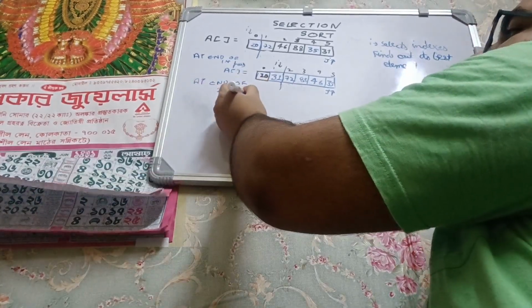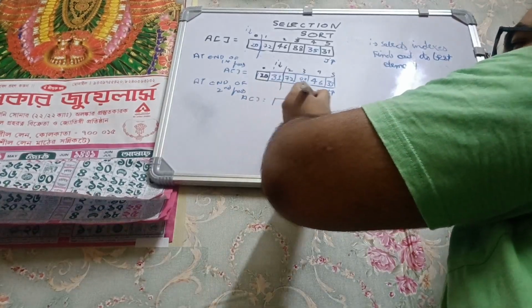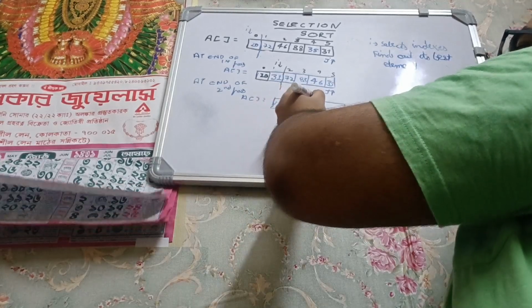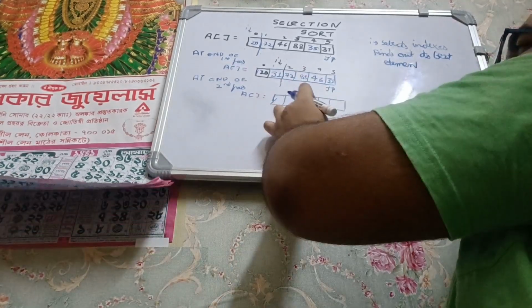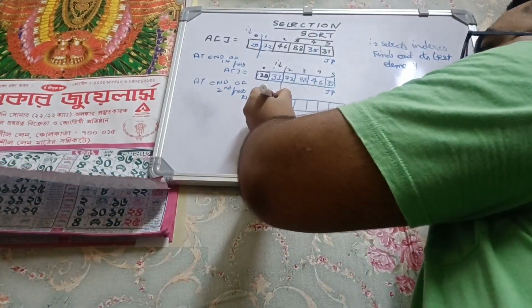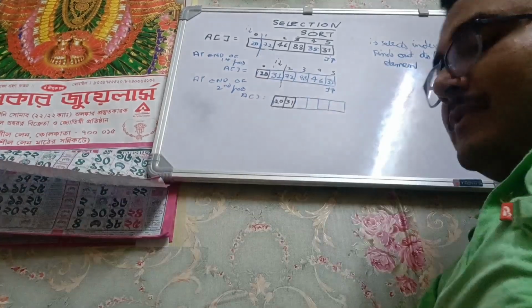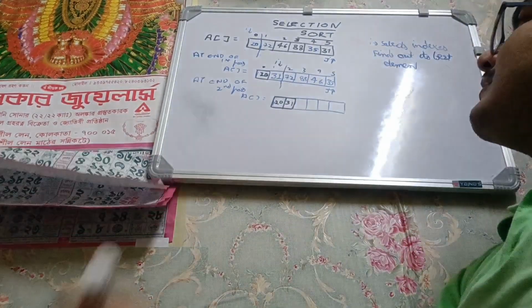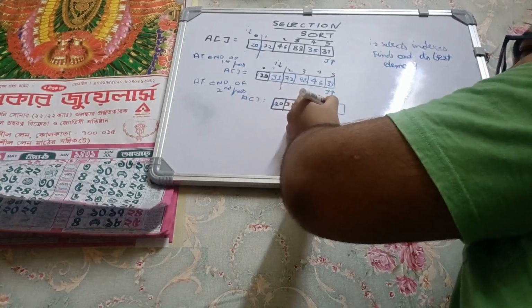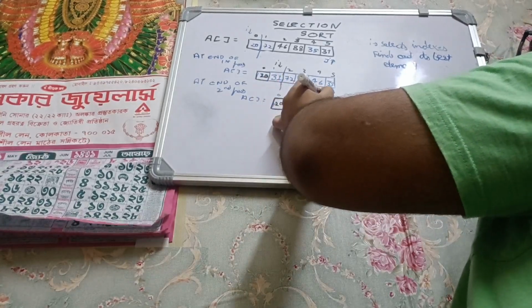At the end of the second pass, we are left with this array. Here we have 20, here we have 31, then 72, 88, 46, 35, at indexes 0, 1, 2, 3, 4, 5.